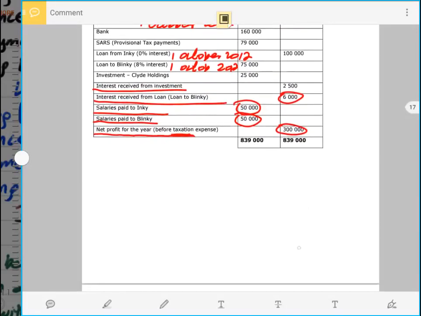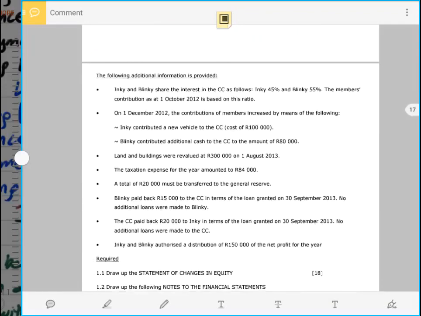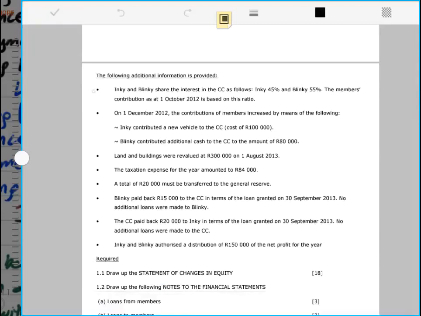Then after the trial balance, we have additional information, which the first bullet point says that Inky and Blinky share the interest in the CC as follows: Inky 45% and Blinky 55%. The members' contribution on the 1st of October 2012 is based on these ratios.